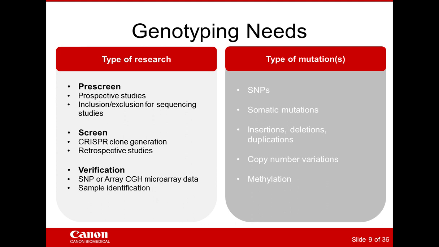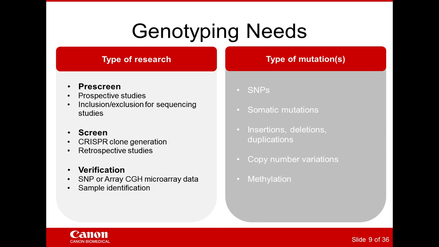So using genotyping in lieu of Sanger sequencing to pick out the clones that have picked up either the knockout or the insert from your CRISPR studies. And lastly, verification. So we see a lot of discovery work, basic research around SNP arrays. So the thought there is, if you pick up a handful of SNPs on the SNP array, you can use a targeted genotyping approach as a parallel method to make sure that that SNP actually exists within the sample.